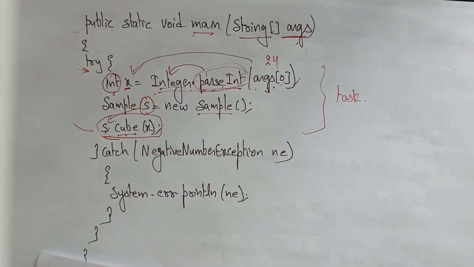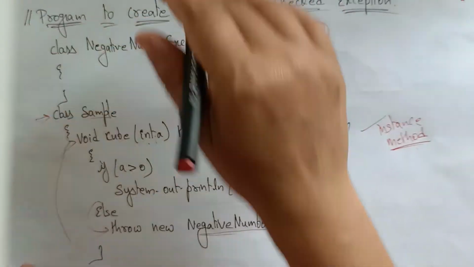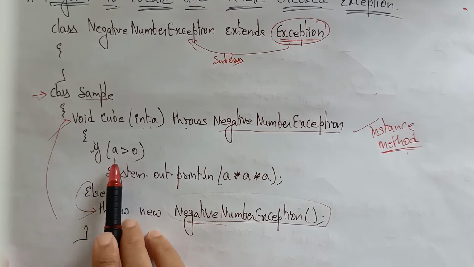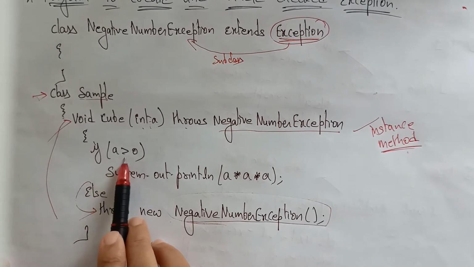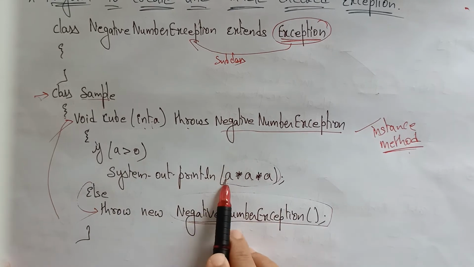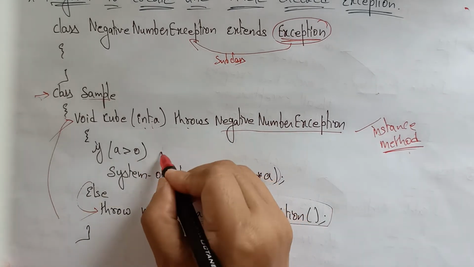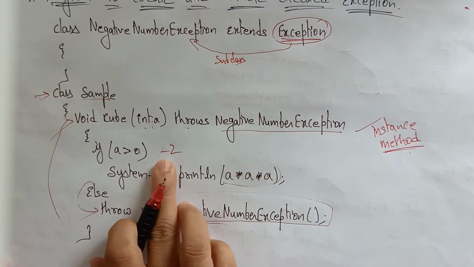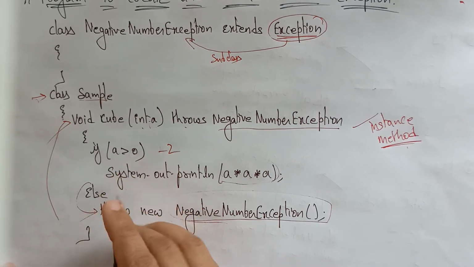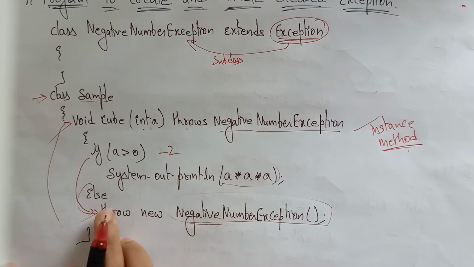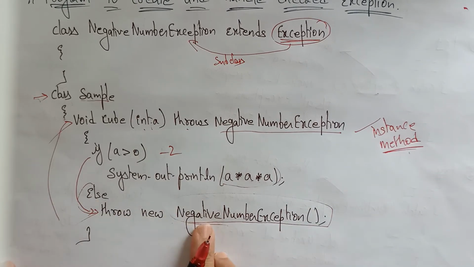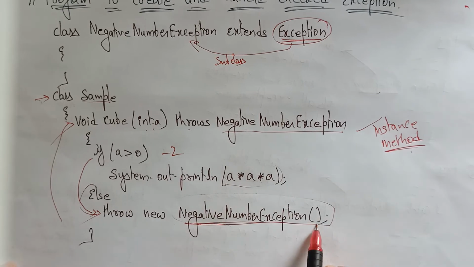Suppose you entered a number which is not greater than 0, meaning a negative number, because a greater than 0 means a positive number, which is going to be accepted. Suppose you entered minus 2, the condition is false. Whenever it is false, the controller will come to the else block. What is the else block doing? throw new NegativeNumberException. So the controller will go to the catch block.